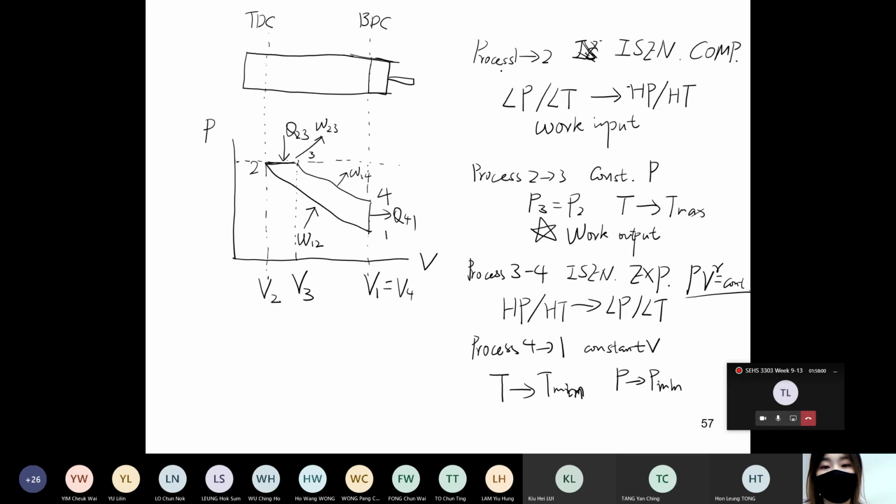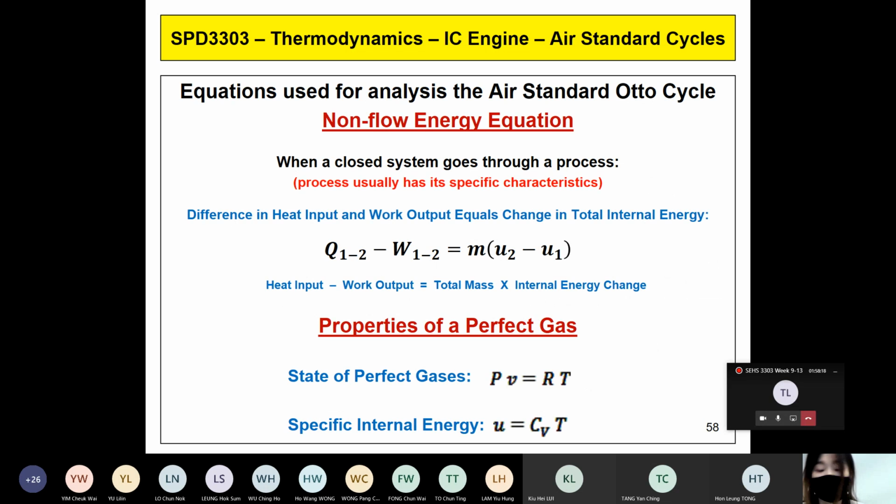You should know the isentropic, the constant pressure, and the constant volume processes, okay? You need these equations and PV diagrams to solve your problem, okay?